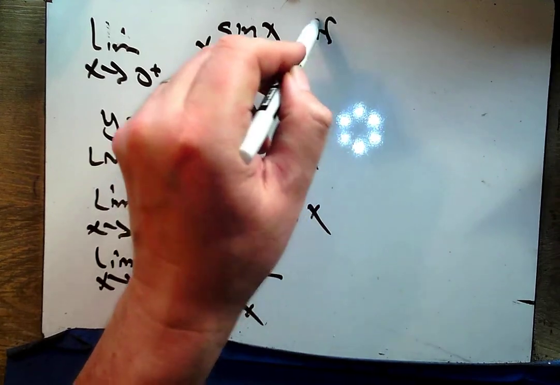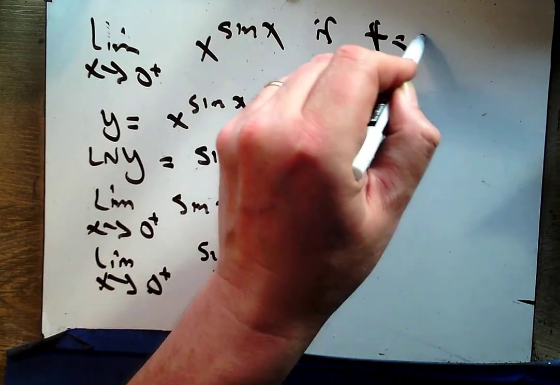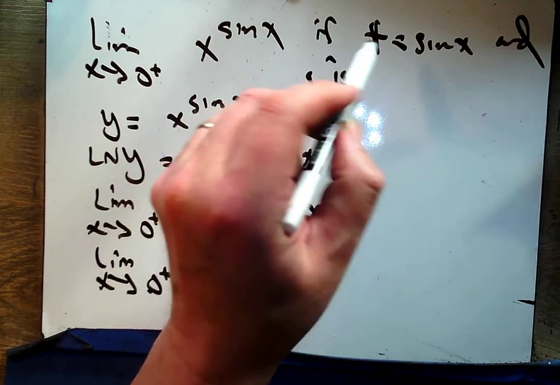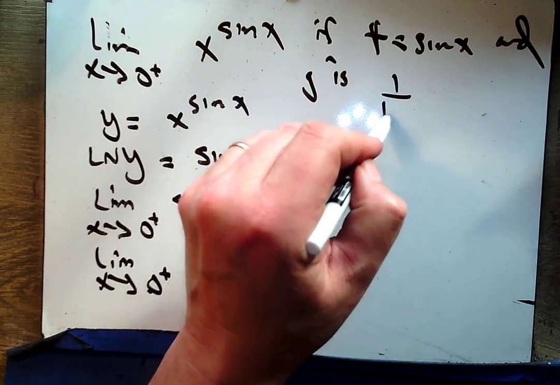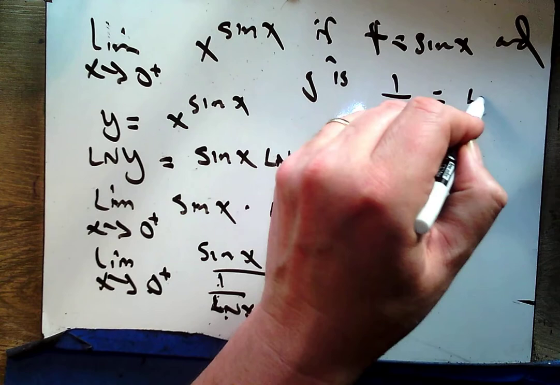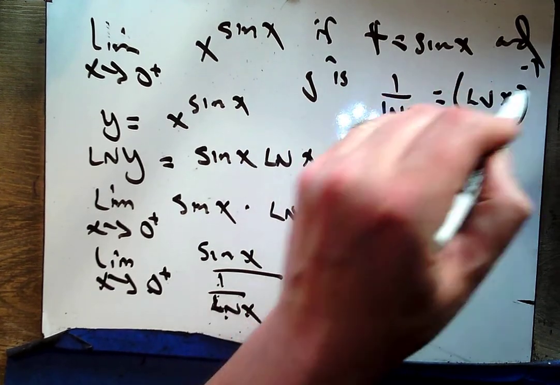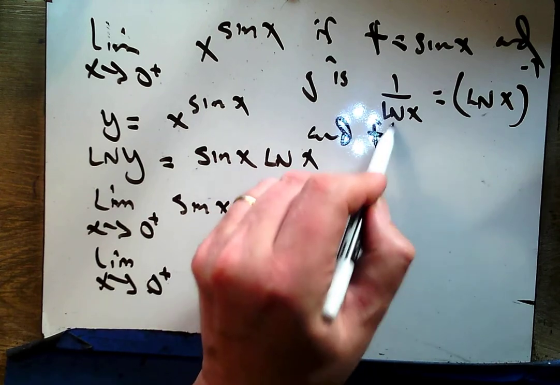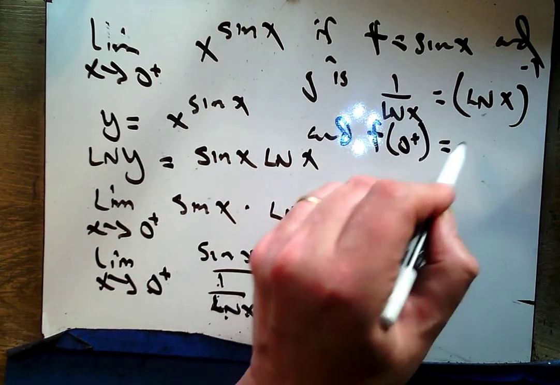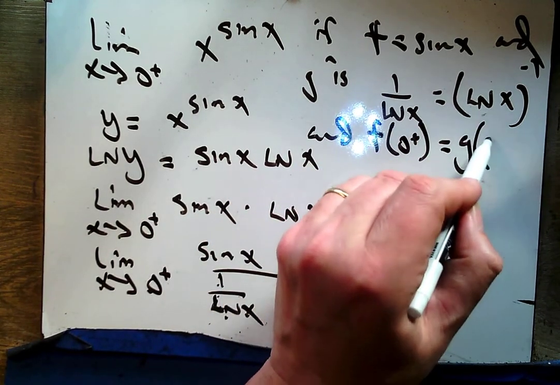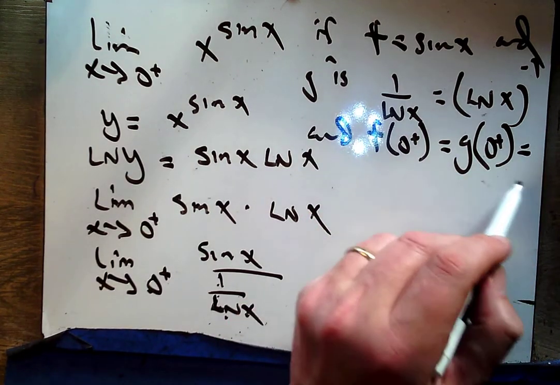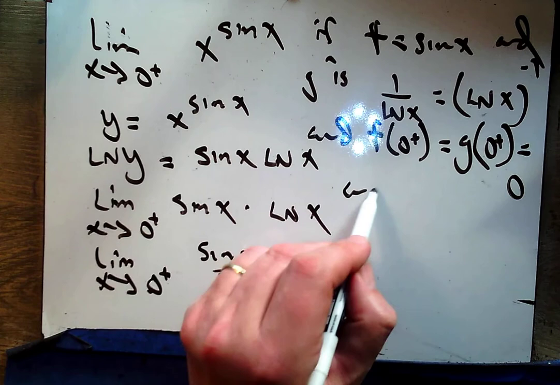So if f is sine x and g is 1 over ln of x, or ln of x to the negative 1 power, and f of 0 from the positive equals g of 0 from the positive, they were equal to 0.